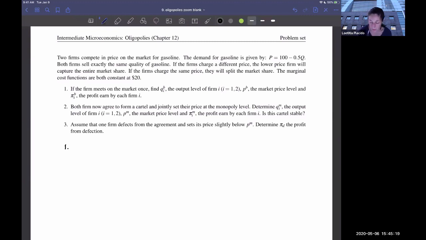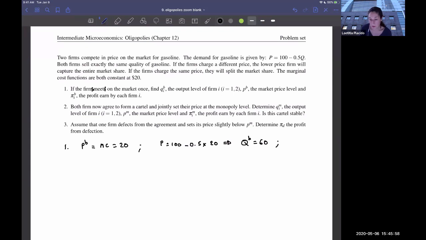Okay, so we have just solved that. We know that if the firms meet once in the market, then the price of the Bertrand game is going to be equal to the marginal cost. So that's going to be 20. What is the quantity produced? Well, you plug 20 in the market demand. So you end up with 100 minus 0.5 times 20. So total market demand is 60.